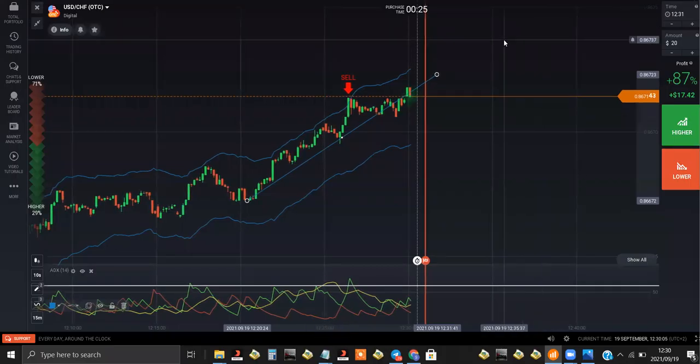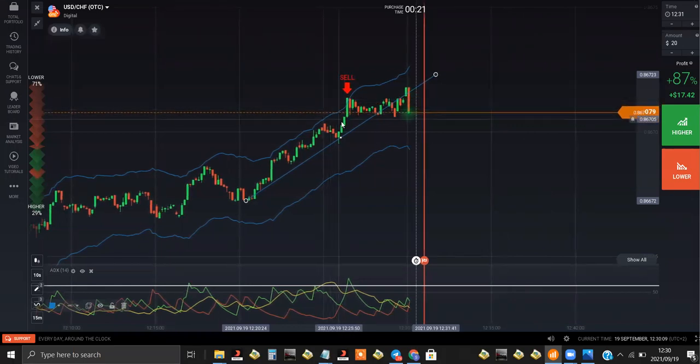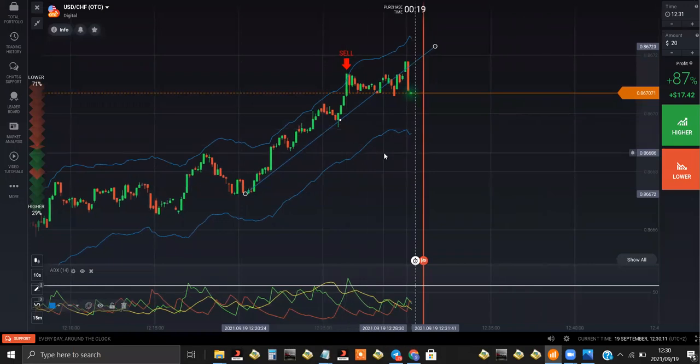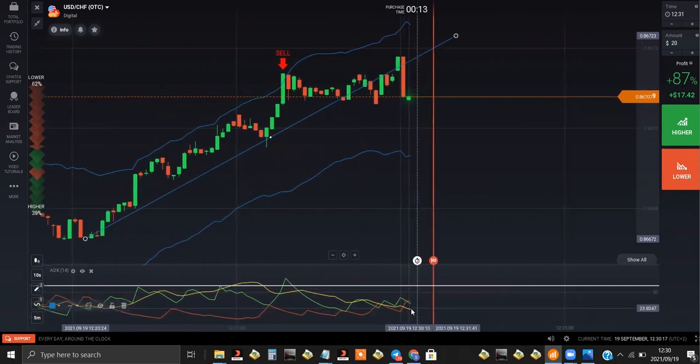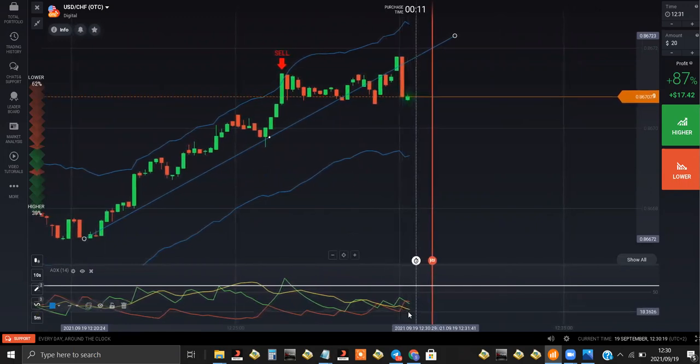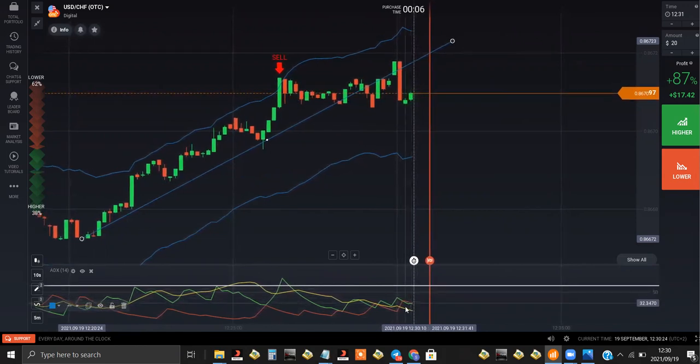All right, there we go, guys. We've just received the signal here, and now we are looking for a sell signal. The sell signal is very simple. Firstly, I want to see the ADX below this point here, below both my red and green lines.